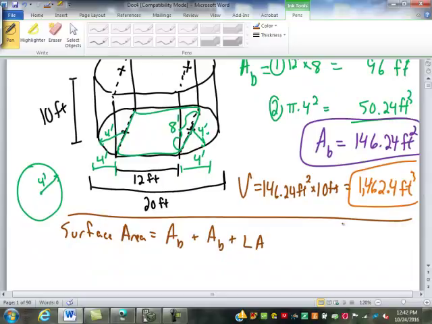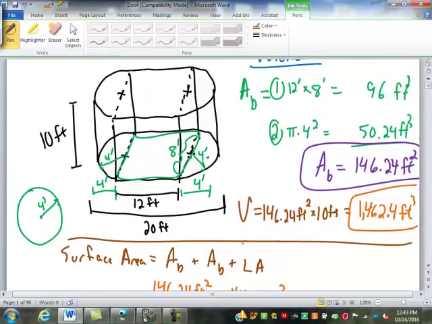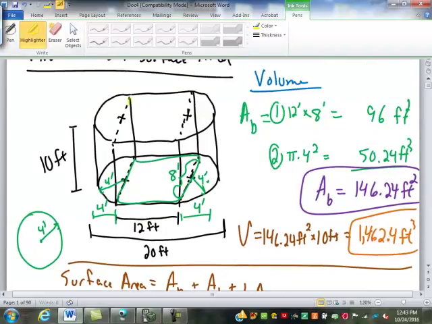But we already have the area of the bases here, 146.24, plus another 146.24, because that's on top, right? So what we've found so far is the area of this piece on top here, and the area of the piece on bottom. What we need is the area that wraps around the sides now.